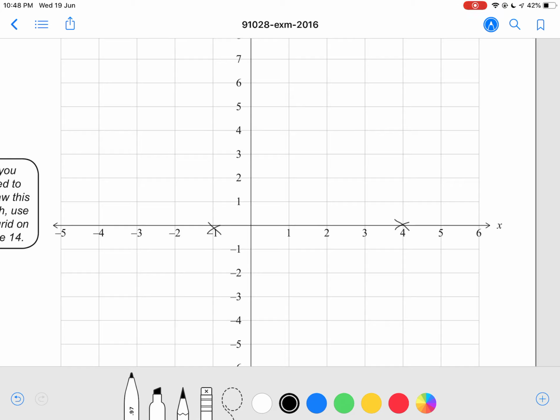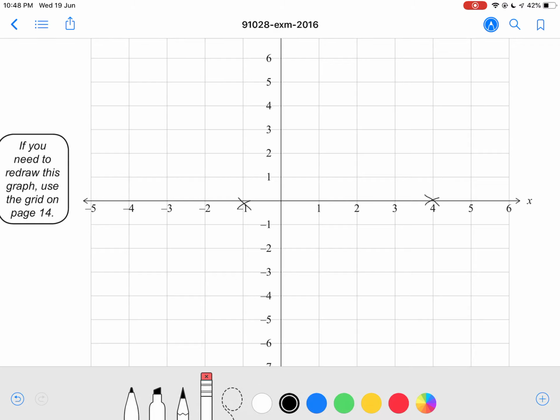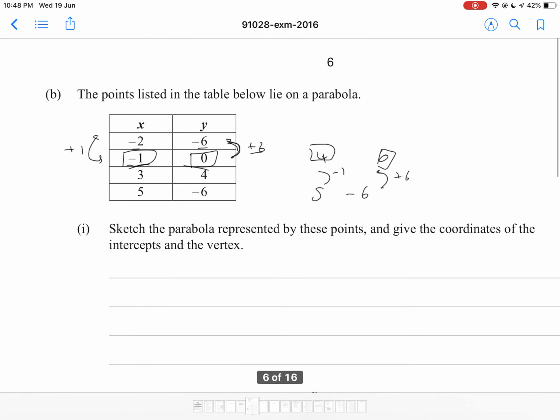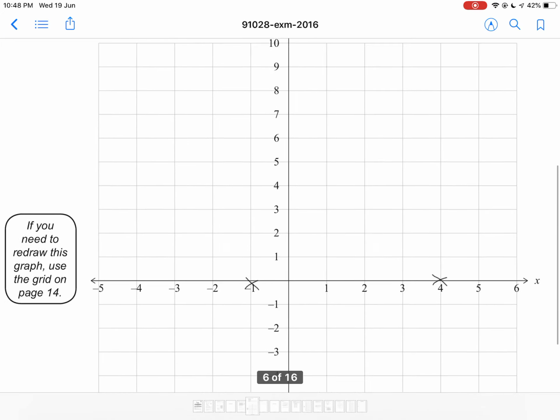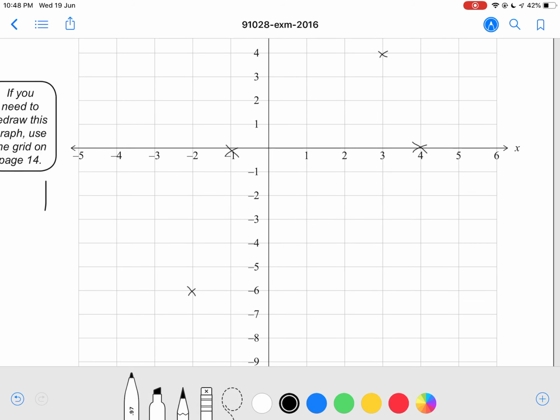Okay, so basically, if we look above, we have our negative 2, negative 6. So negative 2, negative 6 here. We have when x equals 3, y equals 4. And we have when x equals 5, y equals negative 6 back here.